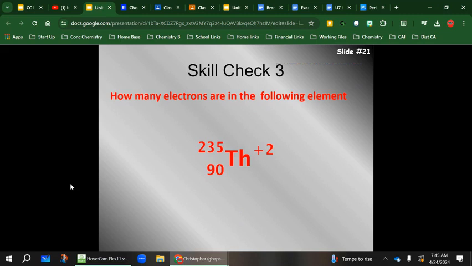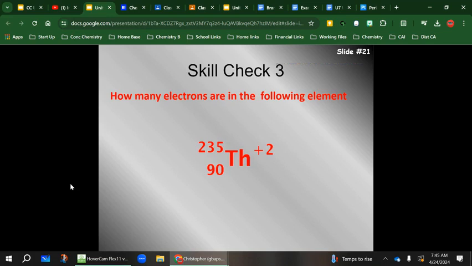Okay? The number down on the bottom, and again, I would put this on my periodic table so that I have it. This is the atomic number. That is the number of protons only. Okay?